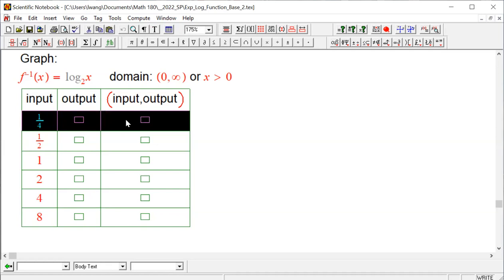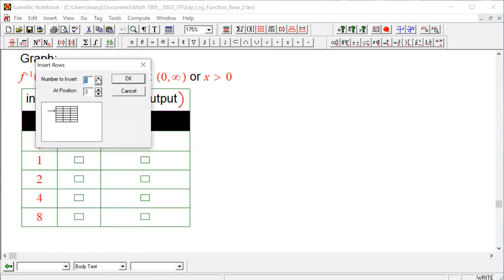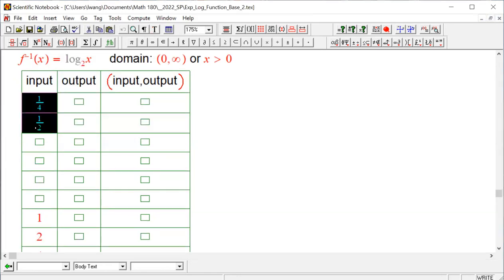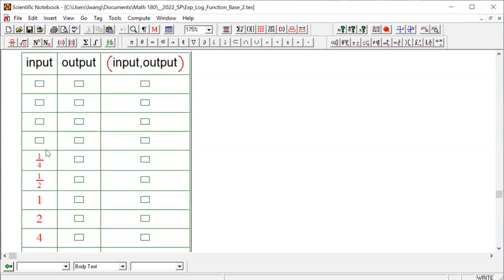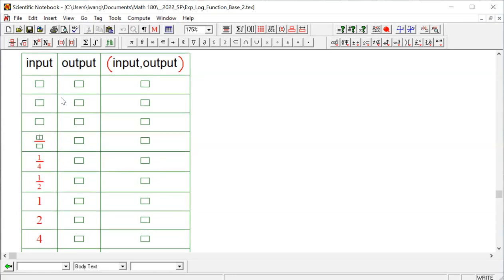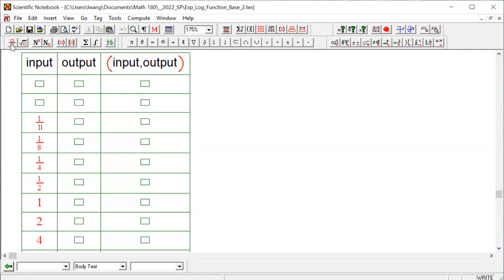We can keep choosing, getting closer and closer to 0. And another number that's even closer to 0, 1/8. We can keep going, 1/16. I'm going to leave 2 places blank.